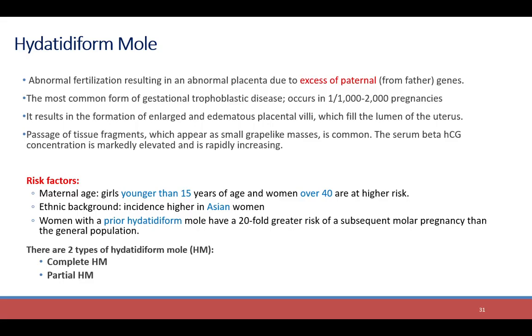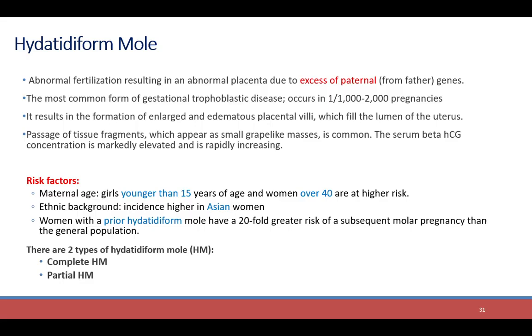Most of the time in this molar pregnancy, we have what we call an empty ovum. Empty ovum means there are no chromosomes coming from the female side. Almost all the chromosomes come from the paternal side. So there is an excess of the paternal chromosome.